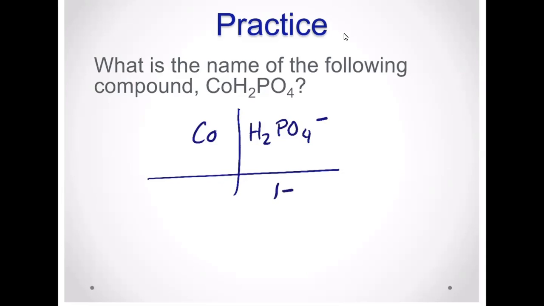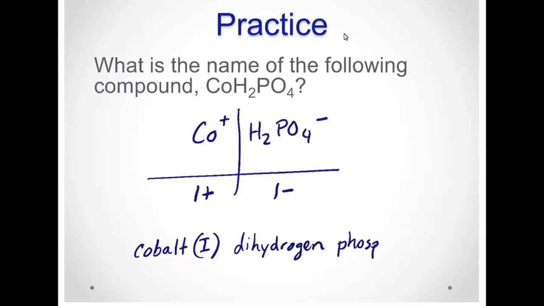That 1 minus has to be balanced by 1 plus. Therefore, cobalt is cobalt 1. I almost forgot the dihydrogen. This is a long name: cobalt 1 dihydrogen phosphate.